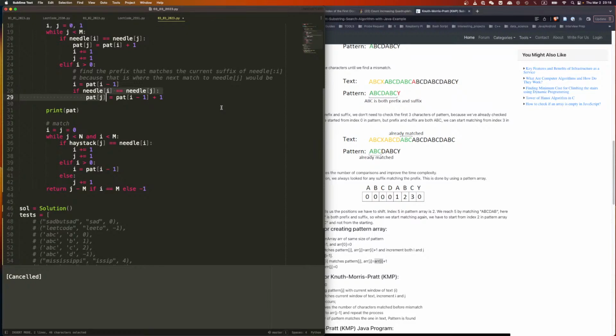Matching this thing. If it's 0, but we match, then it has to plus 1. That's correct. If it's not 0, which means the previous matching this, right? And then needle I. These two mismatch, right?